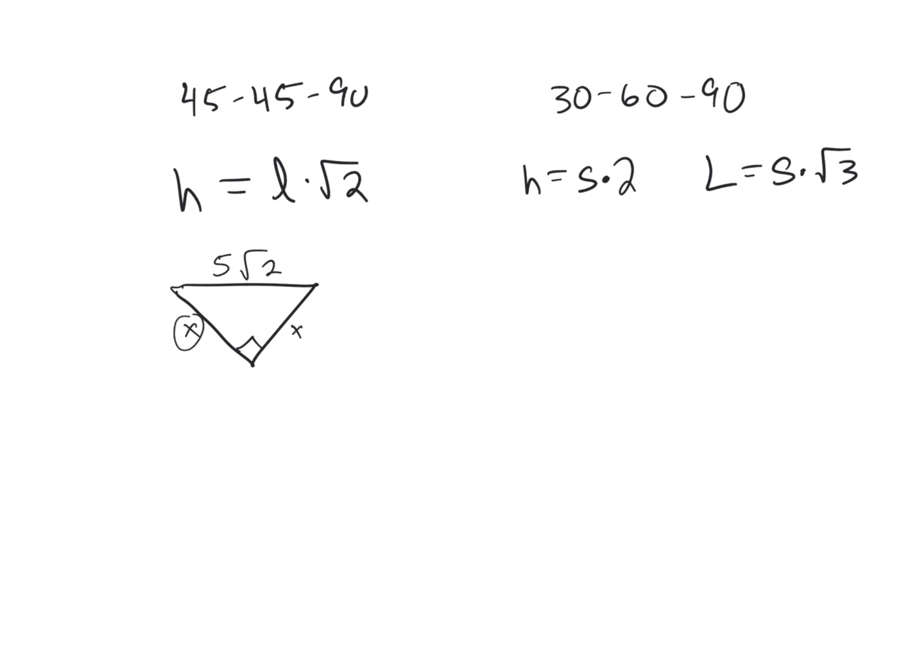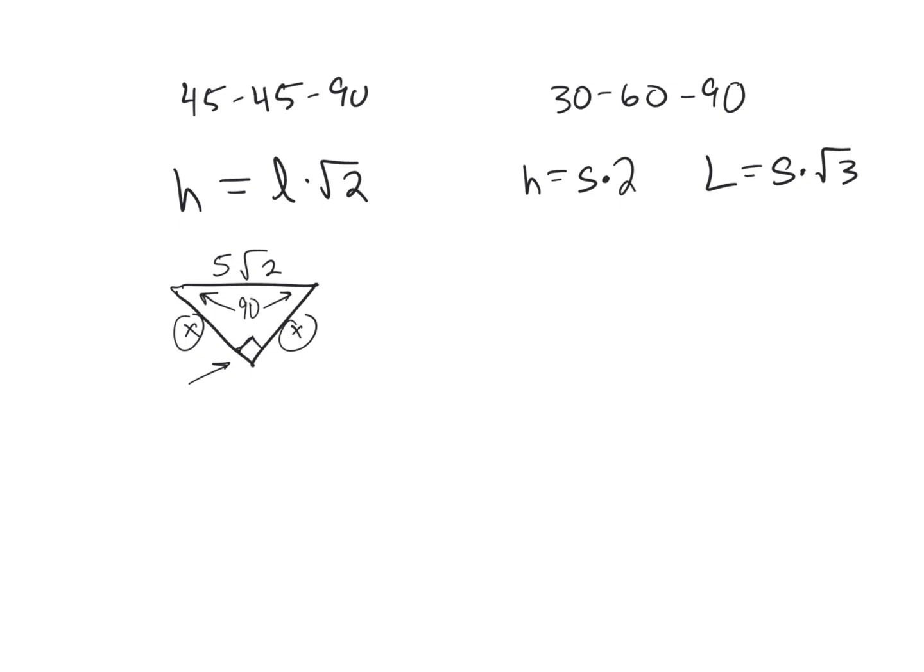But because these two sides are the same, that means your angles have to be 45, 45. So this is a 45, 45, 90-degree triangle. If you have 90 degrees, you take 180 minus the 90 degrees. That leaves 90 degrees to be split evenly into those two angles, which makes them 45. So you have to be able to look at a triangle and know what kind of triangle it is. Now let's fill in the pieces.